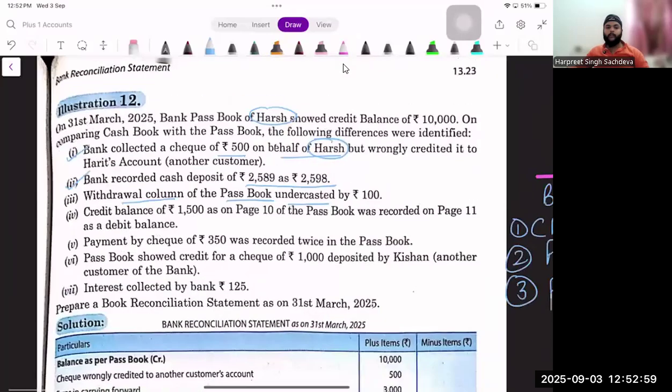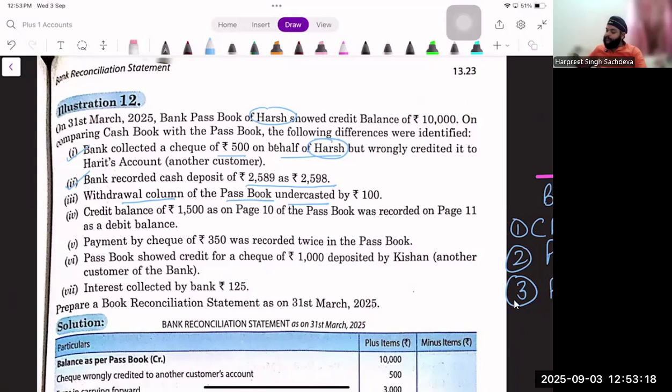Next, fourth point, Raja. Credit balance of 1500 as on page 10 of the passbook was recorded on page 11 as a debit balance.